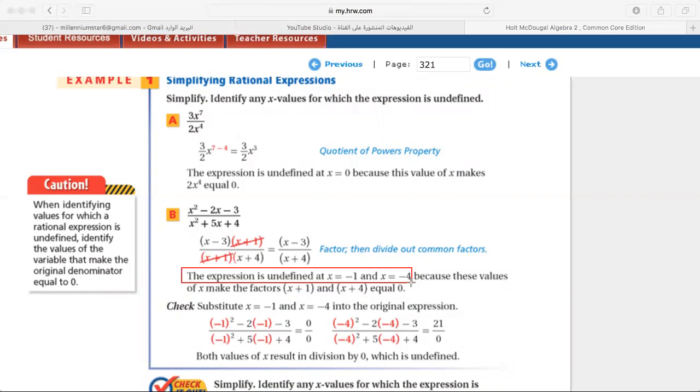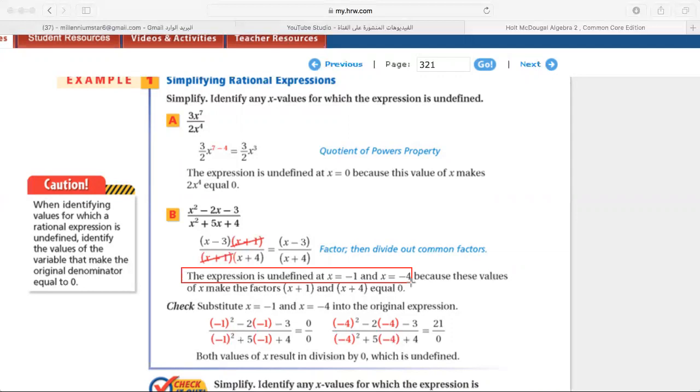I have to write this one after I finish my answer. The expression is undefined at x is equal to negative 1 and x is equal to negative 4 because these values of x make the factors x plus 1 and x plus 4 equal to 0.